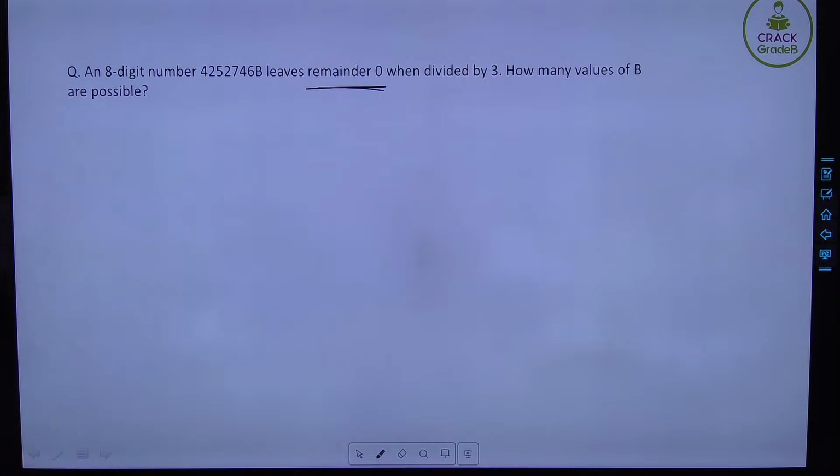Again, the question is how many values of B are possible? Okay, 4. Okay.